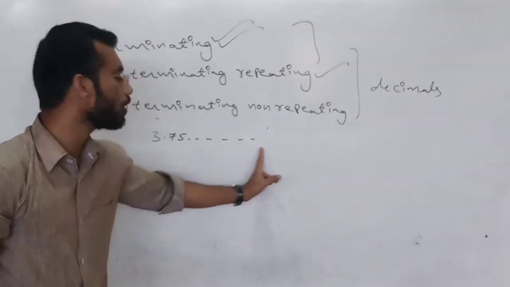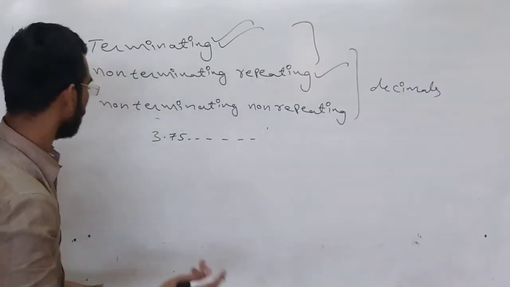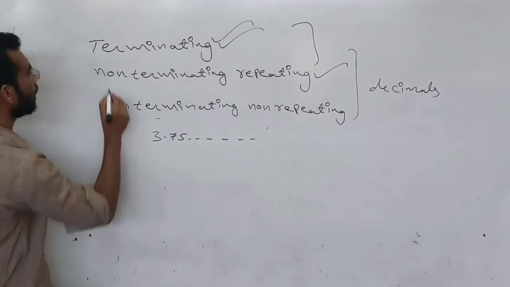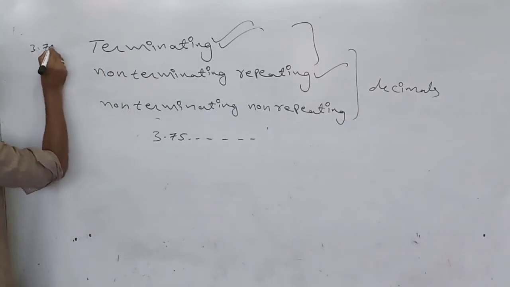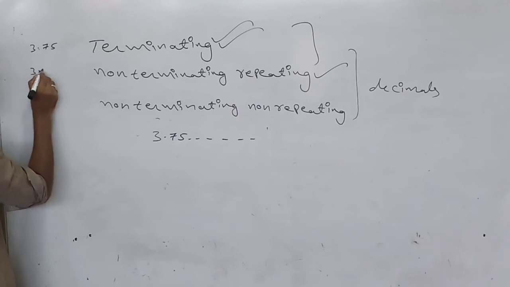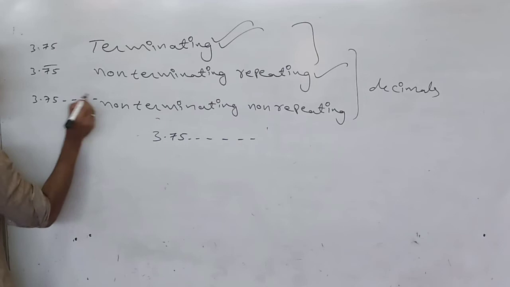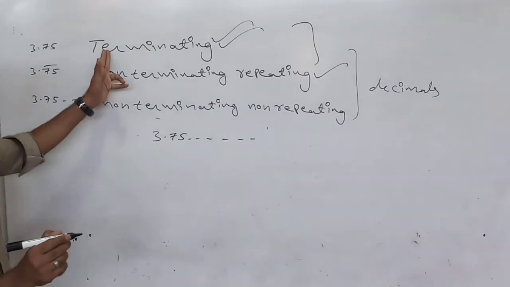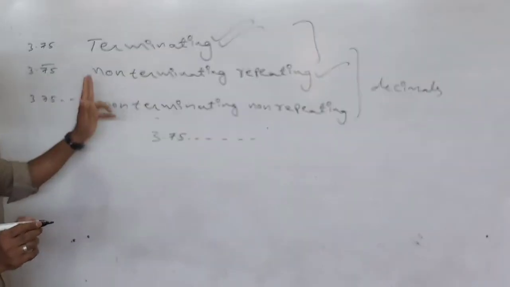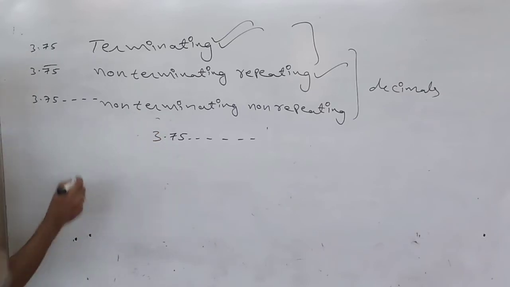That means these numbers are not getting repeated. Take the examples: terminating, 3.75; repeating, 3.75 bar; and 3.75 dash dash dash. These are the examples of terminating, non-terminating repeating, and non-terminating non-repeating decimals.